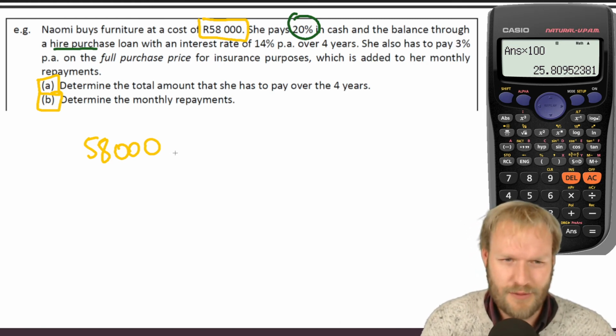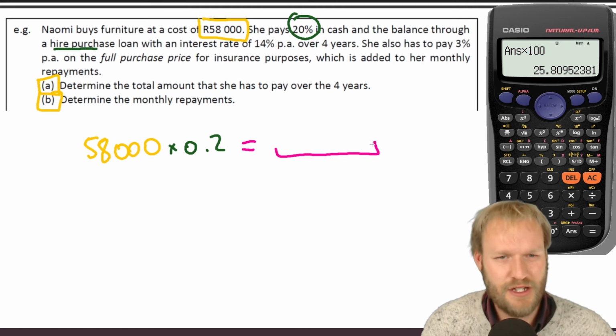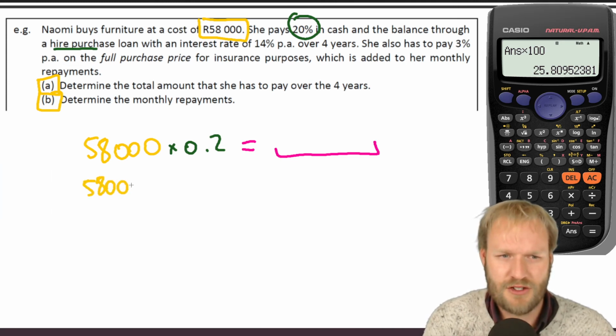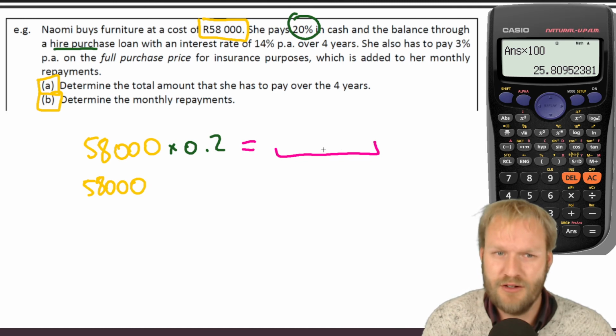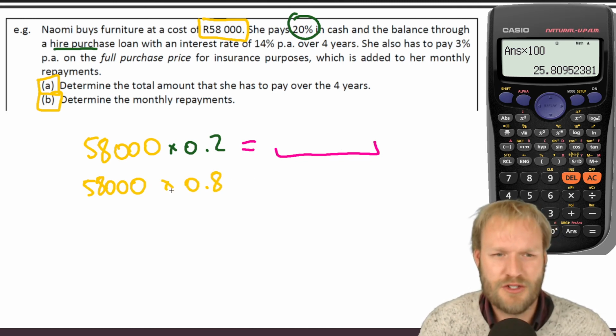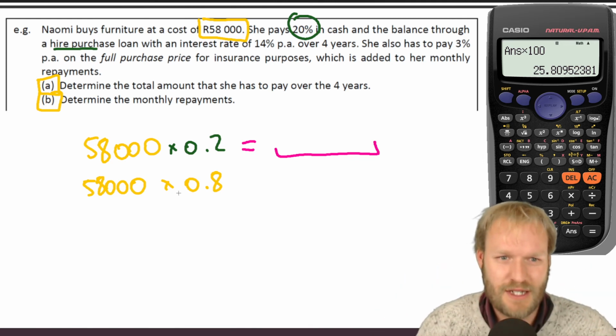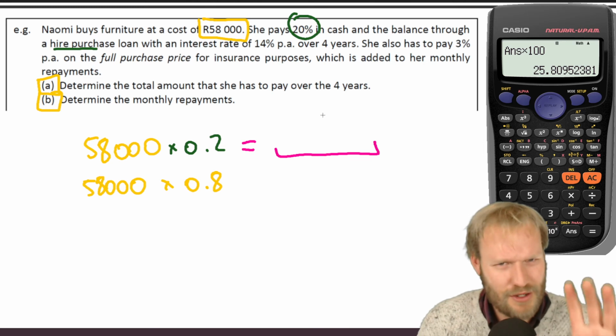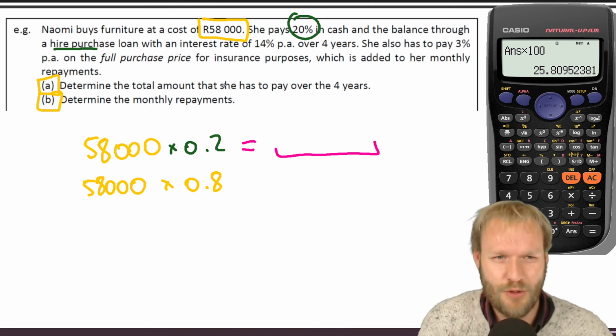Maybe as a hint, we go times 20%, and that's how much was paid initially. So how much does she still have to pay? Well, maybe we would go 58,000 Rand minus that amount, or times 80%, because she's already spent 20%. Maybe you got that, but this is just to keep you thinking a little bit more.